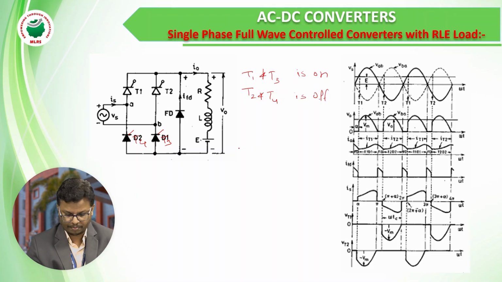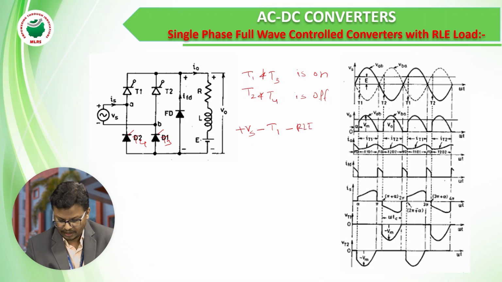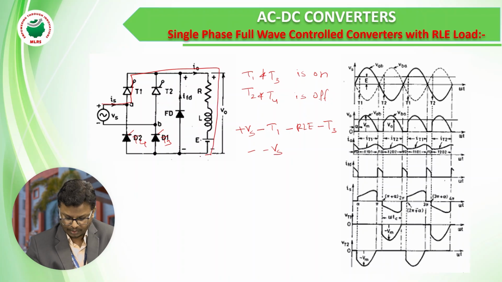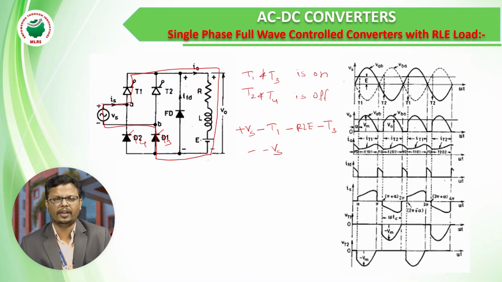The current will pass from positive Vs to T1, T1 to the load RLE, and again flow to T3, T3 to minus Vs. This is the current direction when the switches T1 and T3 are on and T2, T4 are off.